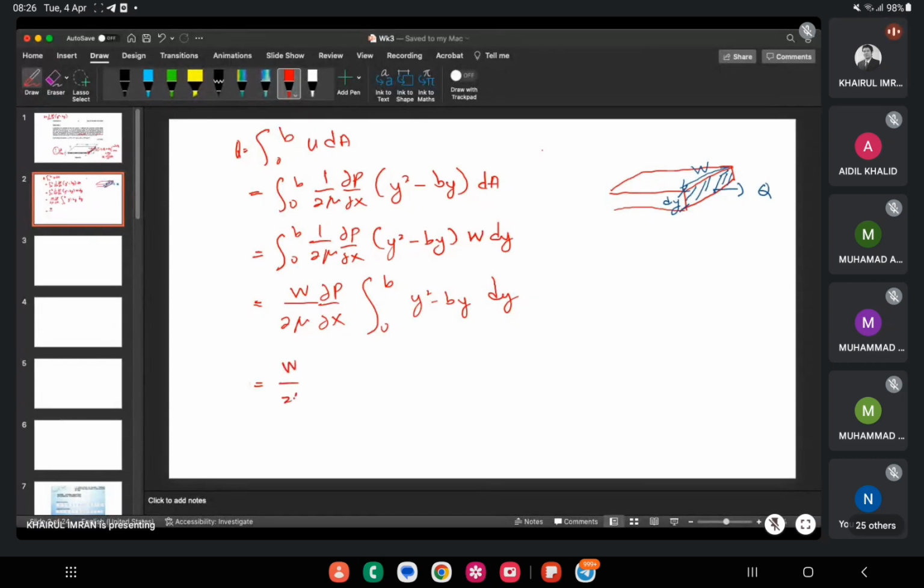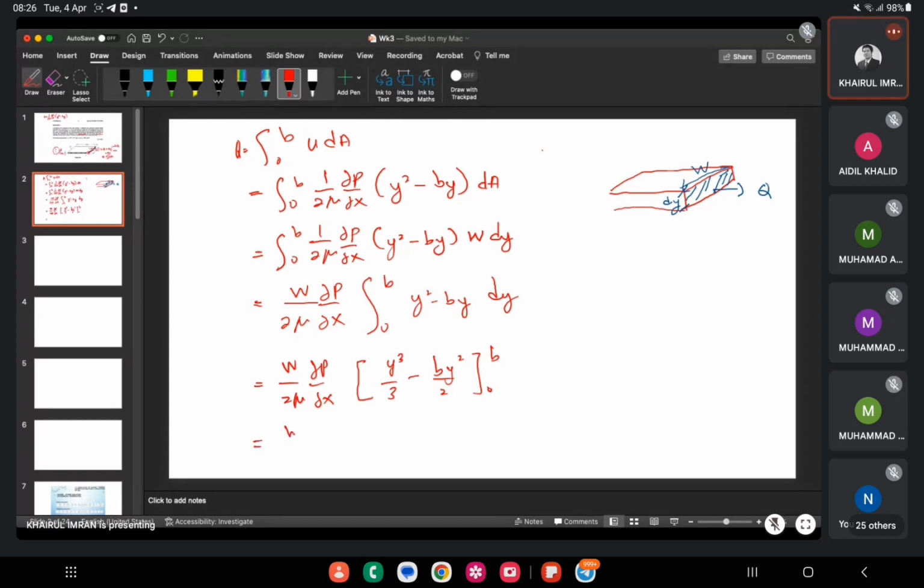So W over 2 mu del P over del X, from 0 to B. So yang ni akan jadi Y kuasa 3/3, and then BY kuasa 2/2 lah, and 0 to B. Betul? Betul.